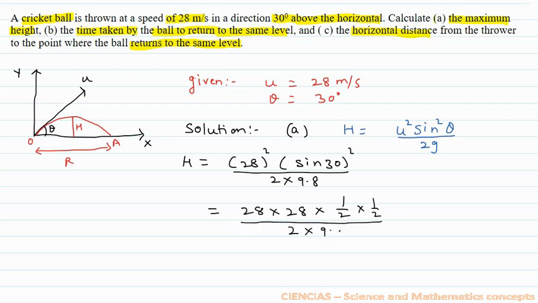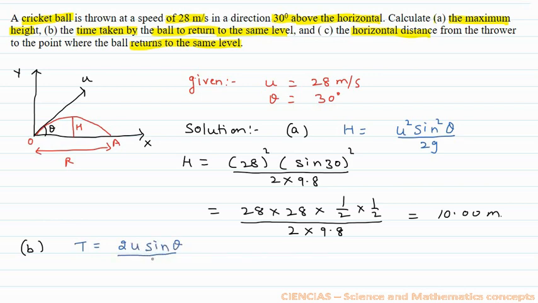Now for part B, we have to calculate time. The formula for time of flight, it is called time of flight, is 2u sine theta upon g. So now we put the values in this case.